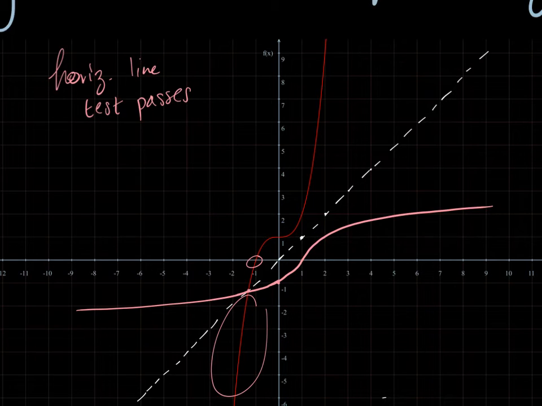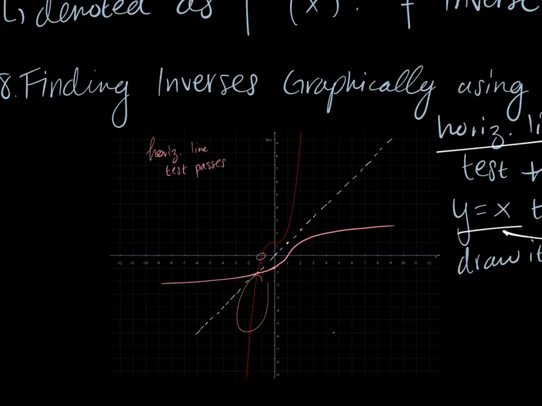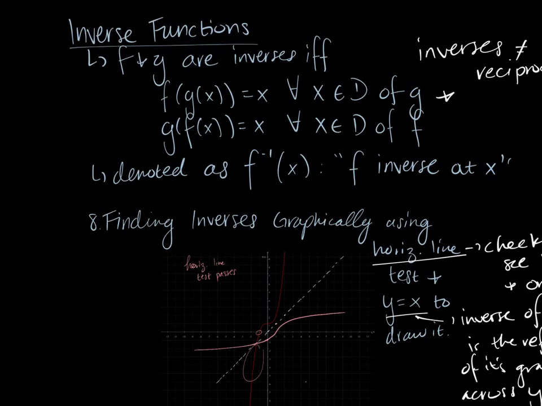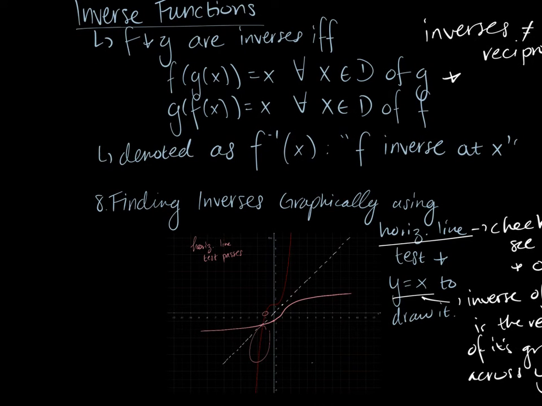And so it looks like if I folded the paper, if I say I've cut my paper in half right here along this line, and then I folded it, my graphs would match up, hopefully almost exact, okay? Now this doesn't have to be an exact sketch. It can be as rough as you can get as long as it looks like an inverse, all right?